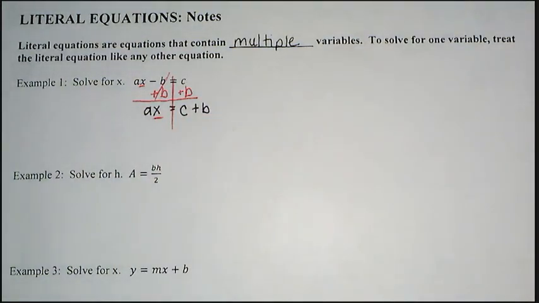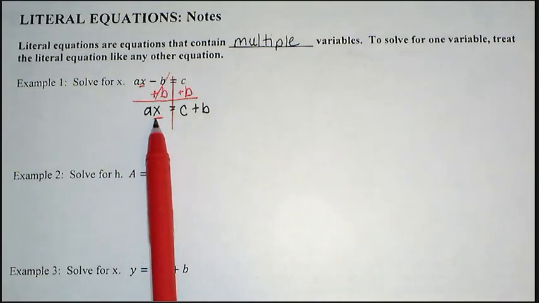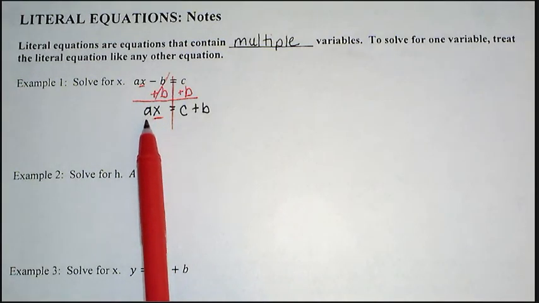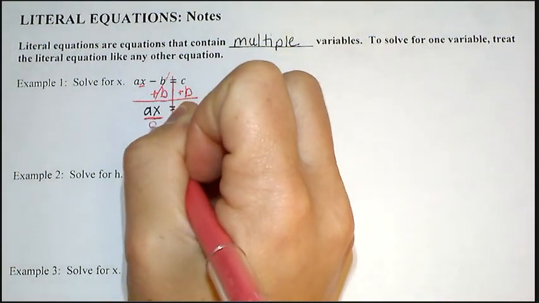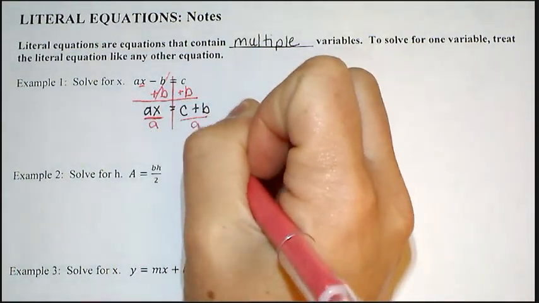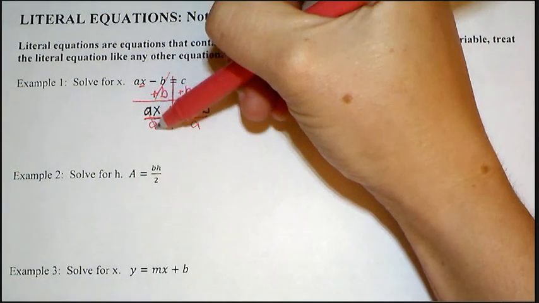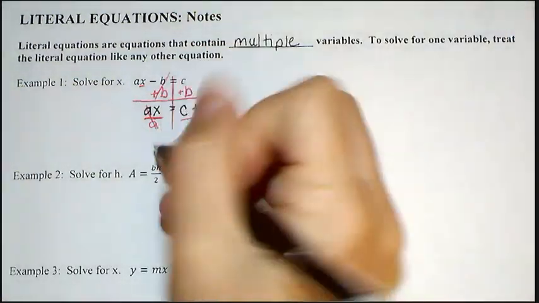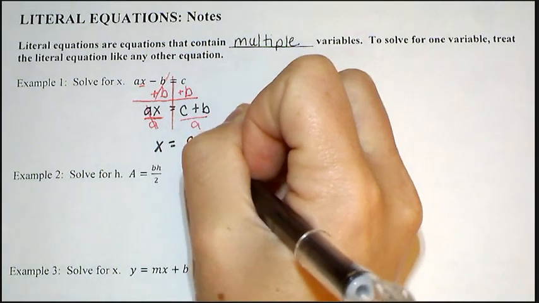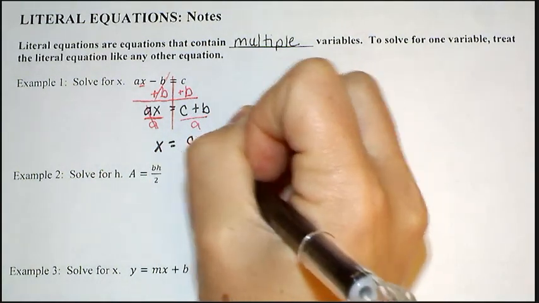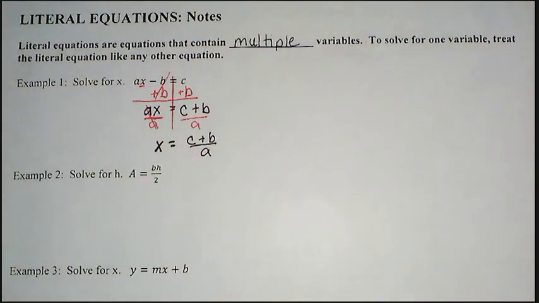So what I'm going to do now, x is being multiplied by a. So I want to divide both sides by a, and that will cancel out my a's. And I'm left with x totally by itself on the left side equals c plus b all divided by a.